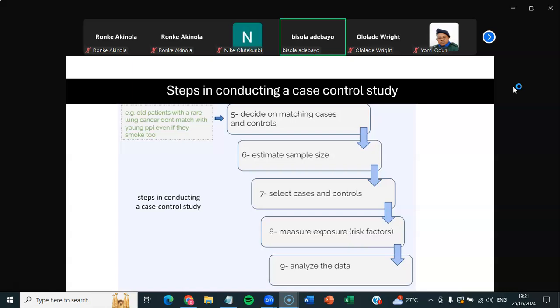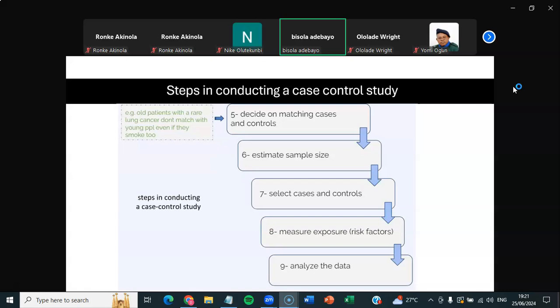It's a very tedious process, because for every single case you have, you will look many times. The key thing many times is to match for age and sex, because those are common confounders in studies. Some other things we did was stratification, which I will explain later.